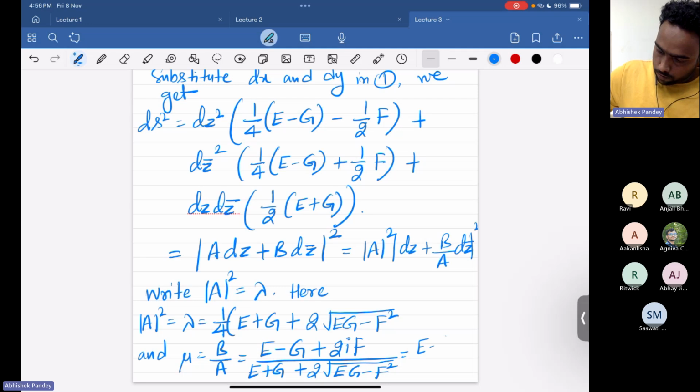So again, this is nothing but a quantity over 4 lambda.